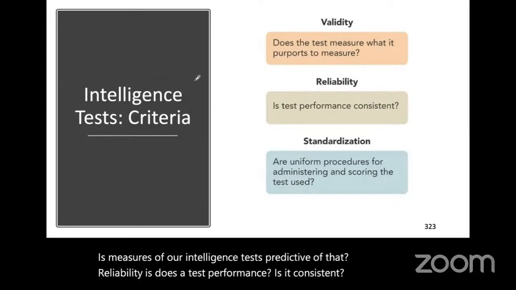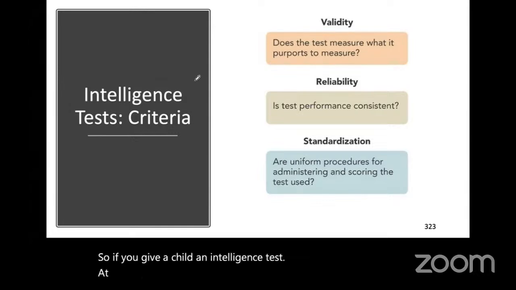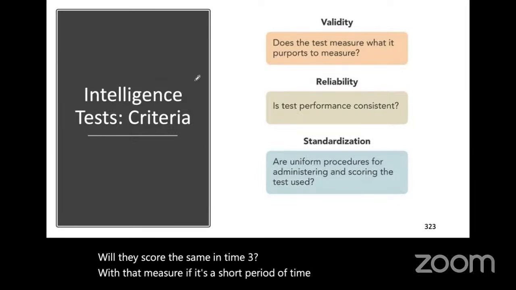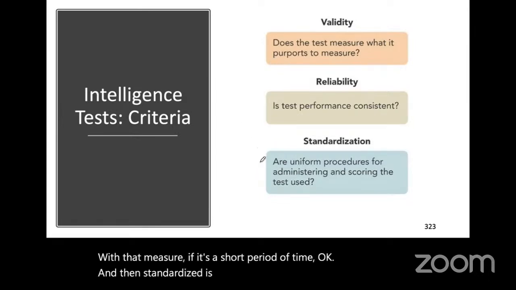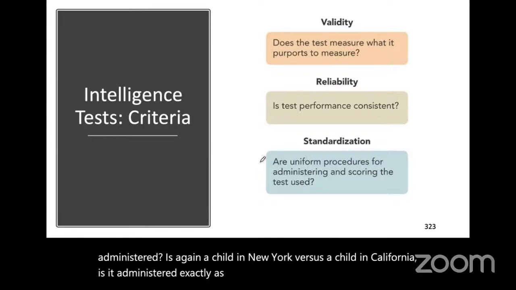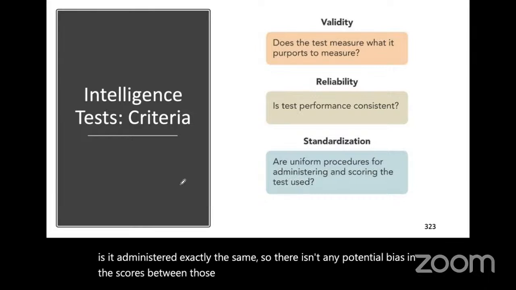If you give a child an intelligence test at time 1, will they score the same at time 3, if it's a short period of time? Standardized asks whether the measure is uniform in how it's administered. Is a child in New York versus a child in California tested exactly the same, so there isn't any potential bias in the scores between those two children?